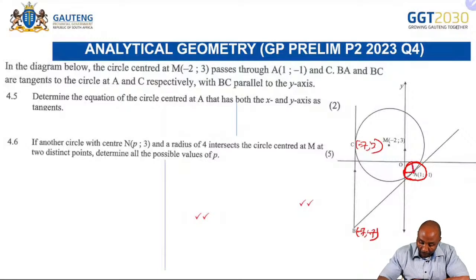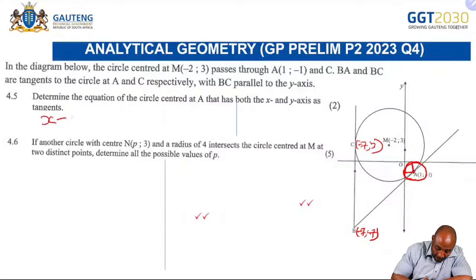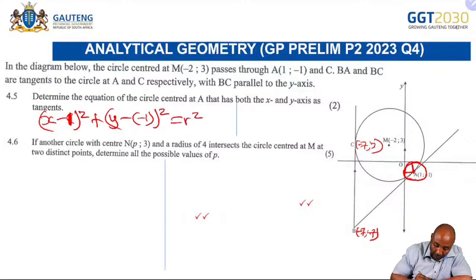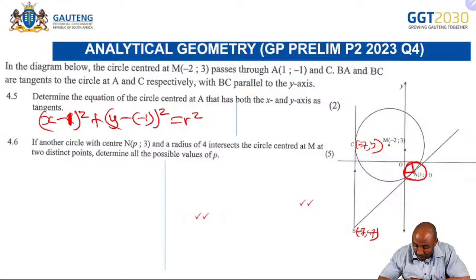Now, remember, our center is going to be that one. So the equation, our x at A, in this case it's x minus 1. We square that plus y minus -1. We square that is equal to r squared. Now, if you check, our radius is going to be 1 unit, because from here we have 0 and -1.